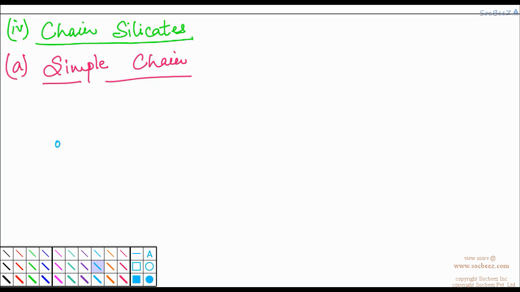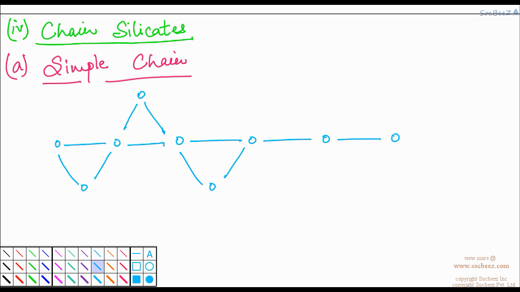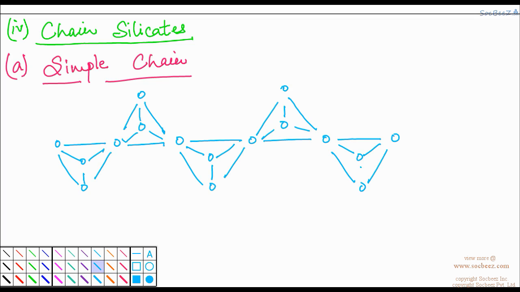The structure is like this. Okay, so this will form a simple chain, and the silicon atoms would be present over here.